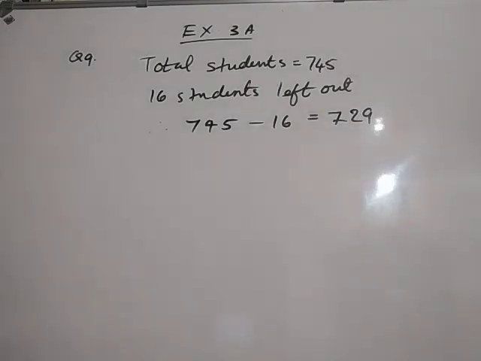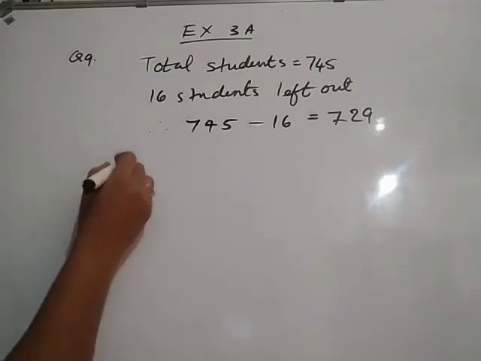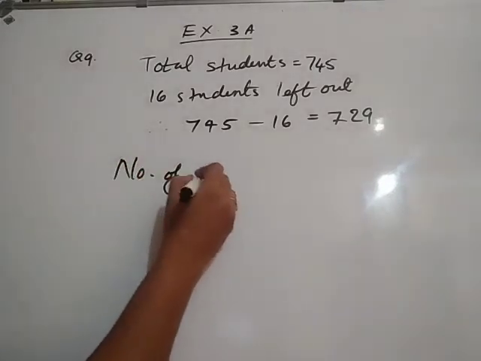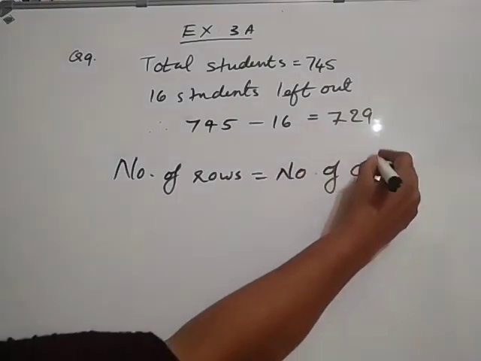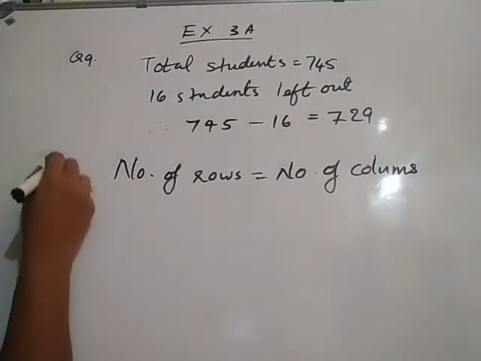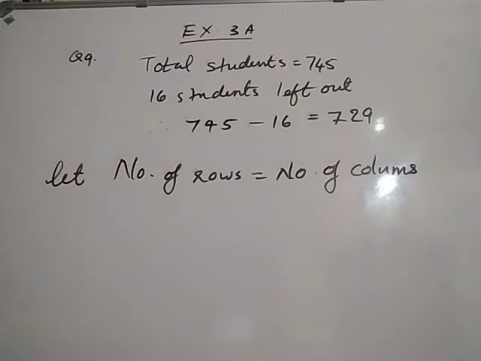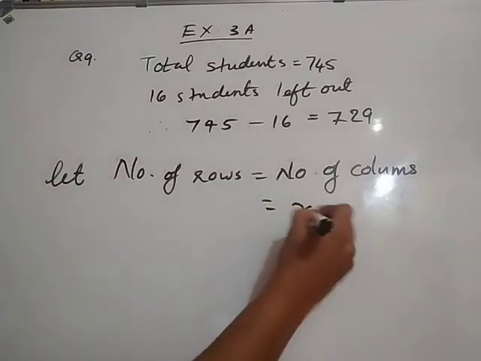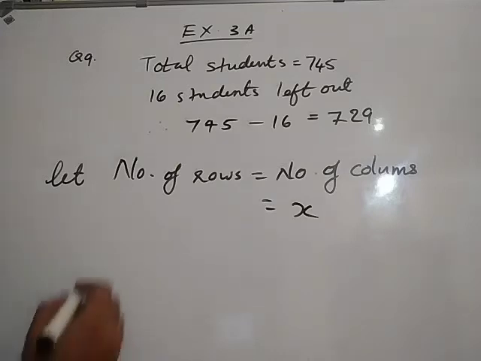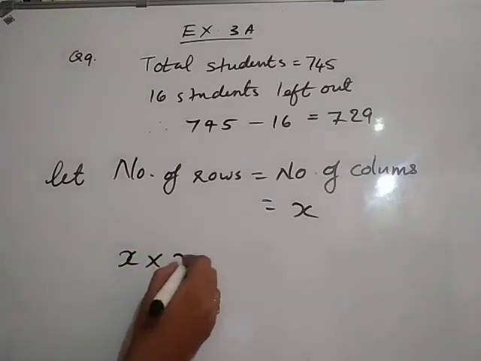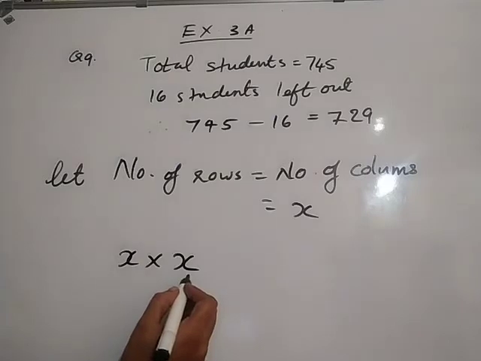And the condition given is the number of rows is equal to the number of columns. Let the number of rows and number of columns equal to X. How can we obtain the total students? Yes, number of rows into number of columns.